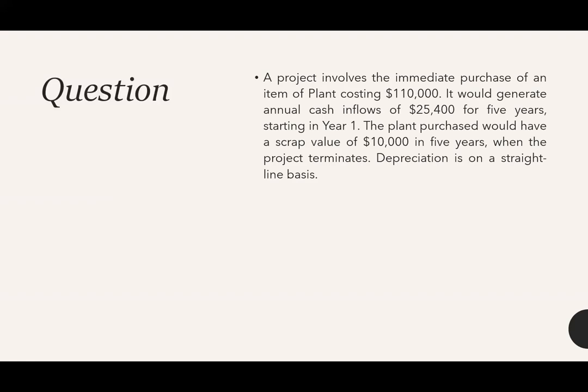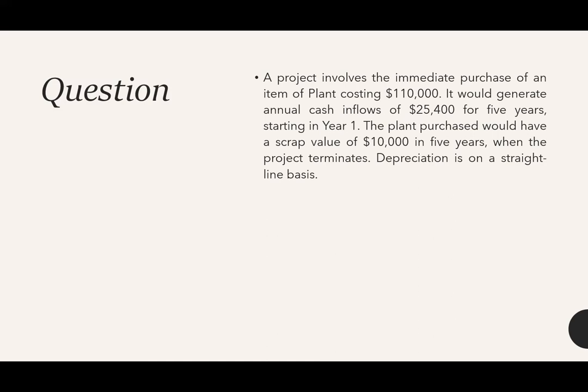Now, here we have a question. A project involves an immediate purchase of an item of plant costing 110,000. It would generate annual cash inflows of 25,400 for 5 years starting in year 1. So this project involves the purchase of a plant, a machinery, and it will cost the company 110,000.